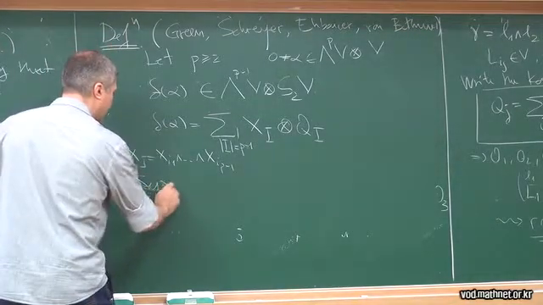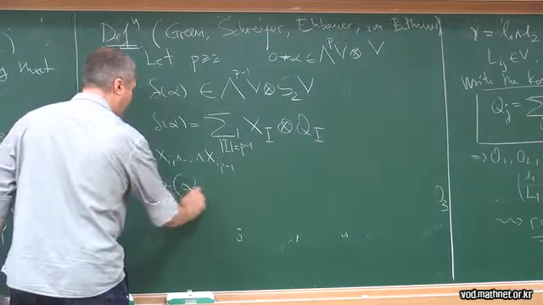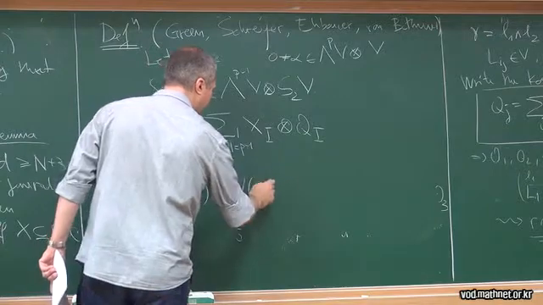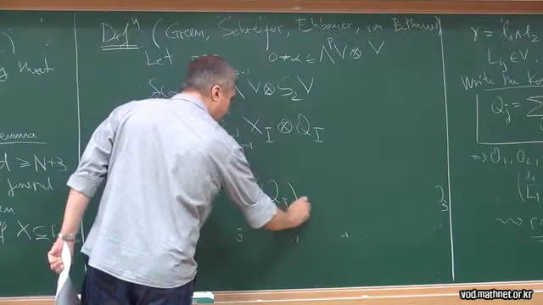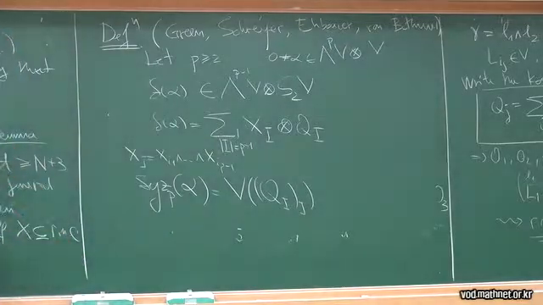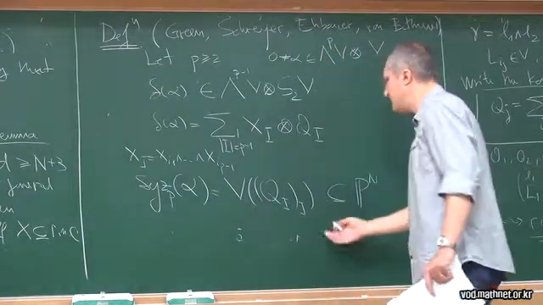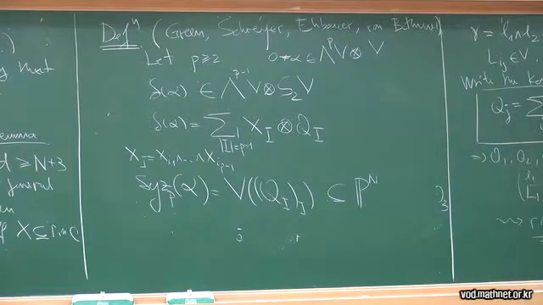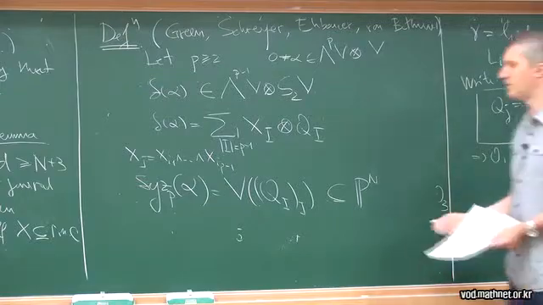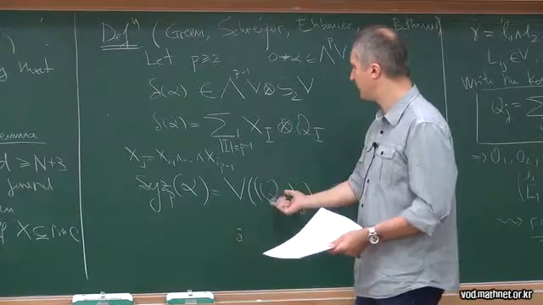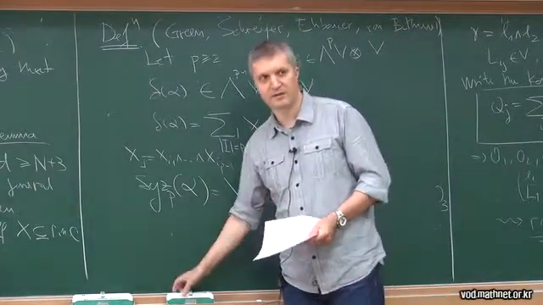So Syz_p of alpha, where p stands for this p, is given by the vanishing of all these quadrics. This is in Pn. We call them syzygy schemes because we don't know whether in general they are schemes or varieties or what they are. But in the most relevant cases they are actually varieties, implying that also the ideal generated by the Qi is saturated and so on.